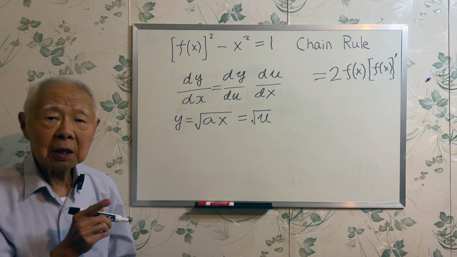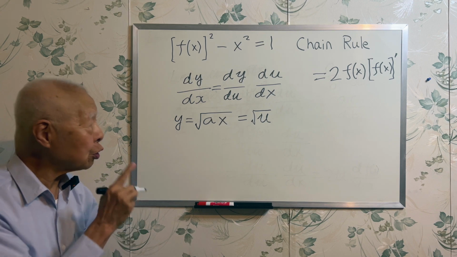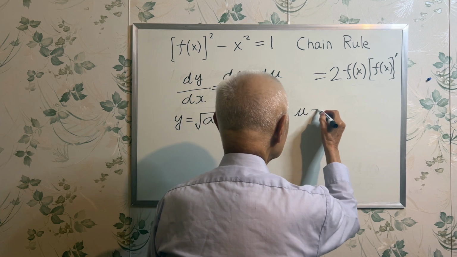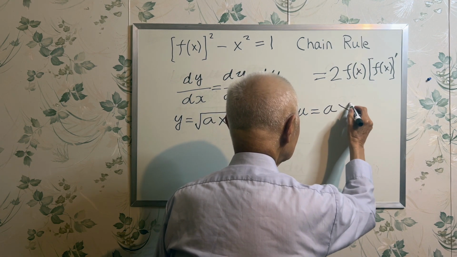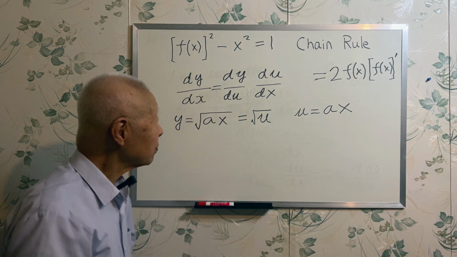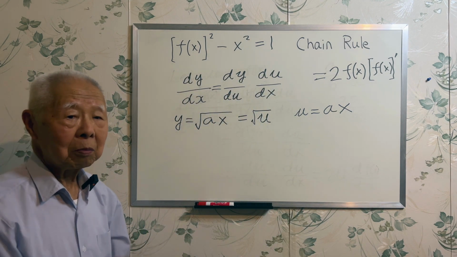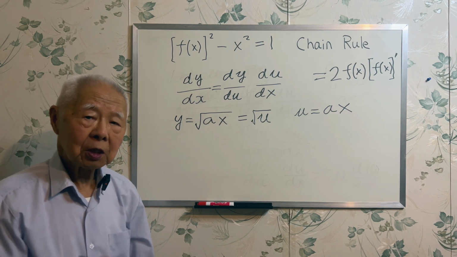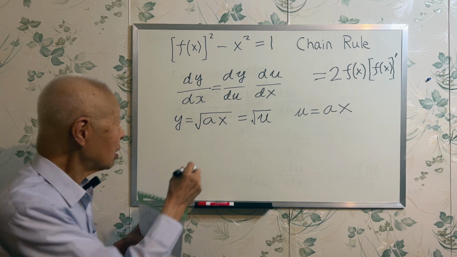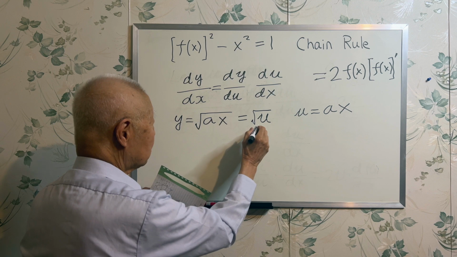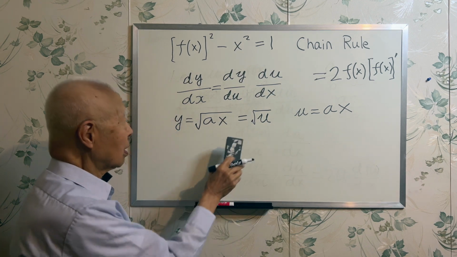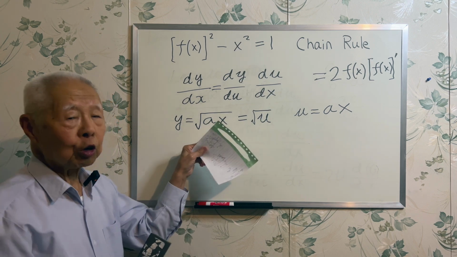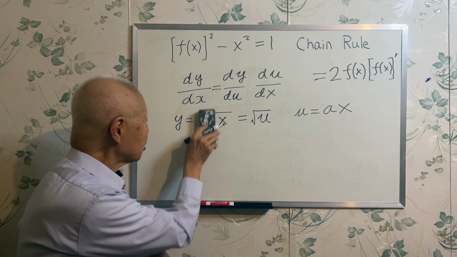And I need to explain what u is. u equals ax. Now, for the derivative of y with respect to x, you use the chain rule. Once I represent ax by u, I don't need to look at this. So y is this.